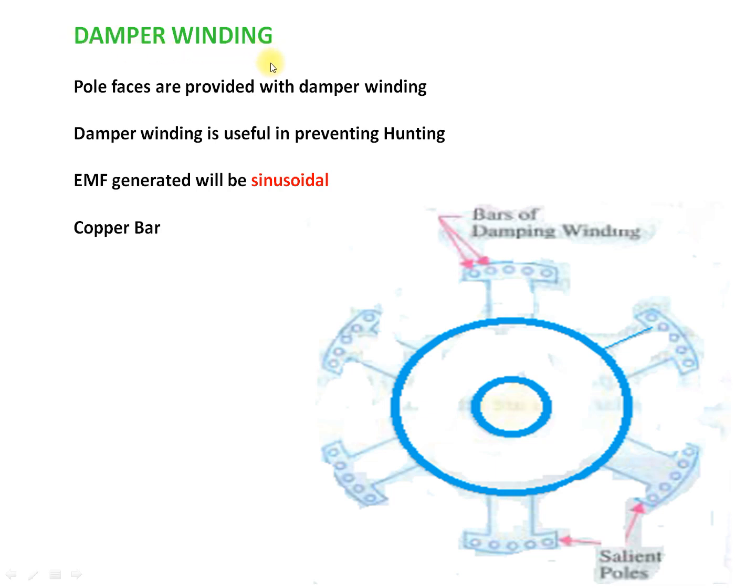So the damper windings are the copper bars which are placed on the top of the projected poles. So on the top of the projected poles, we will be putting some holes. These holes are going to be connected with the copper bars, and those copper bars are going to be short circuited.